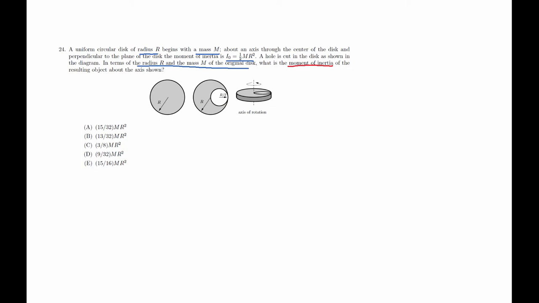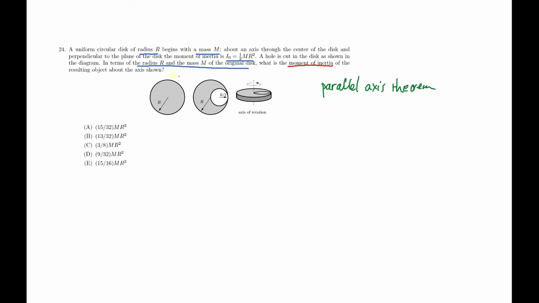Okay, the concept you really need to be aware of is, obviously the moment of inertia, but also the parallel axis theorem. You can have any number of axes that are parallel to the axis that goes through the center of mass, and there's a formula that illustrates it very nicely.